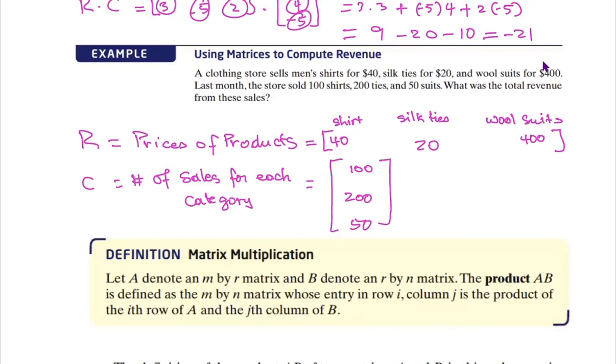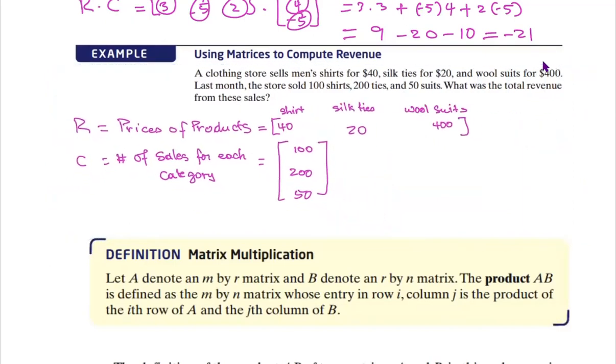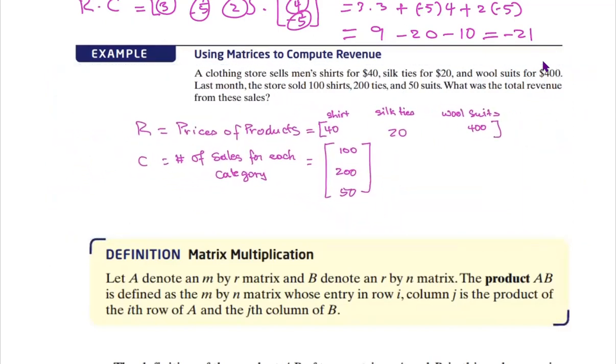Now, if we multiply these two, the row vector and the column vector, we would automatically get the revenue for these sales.